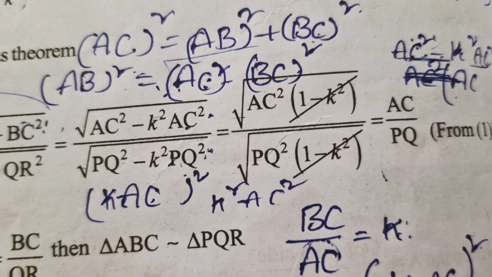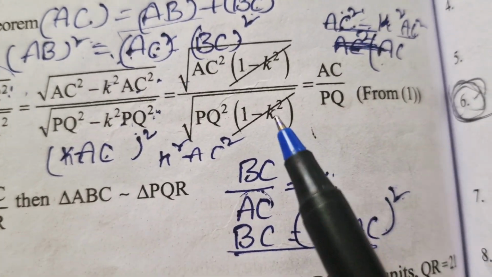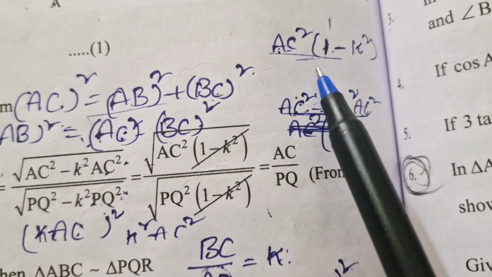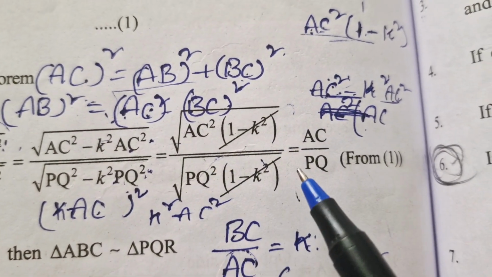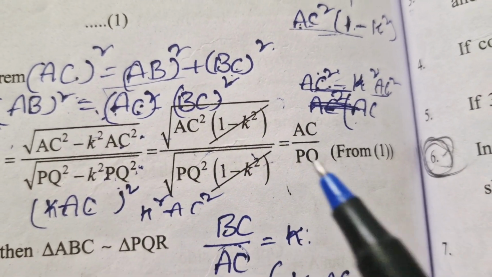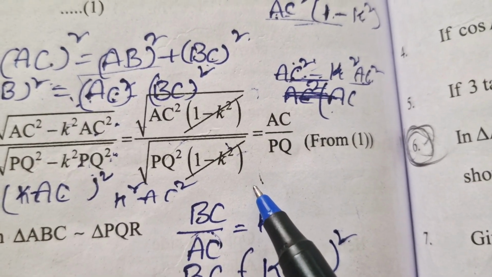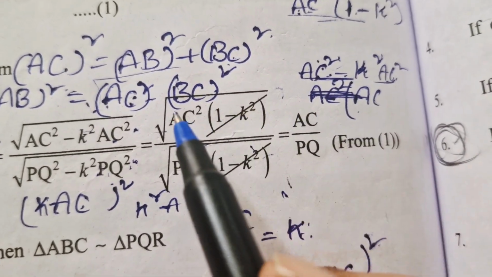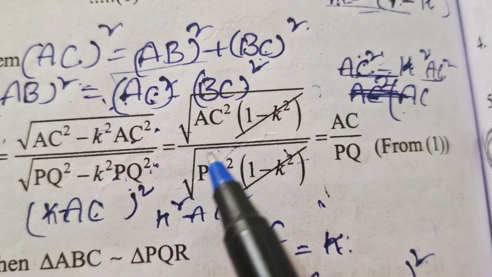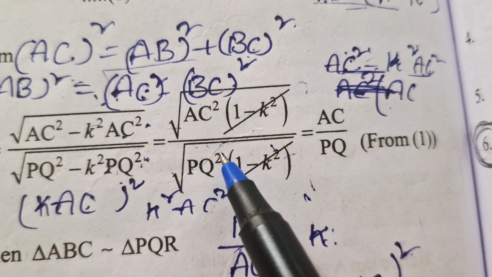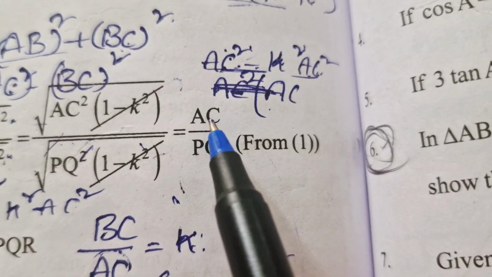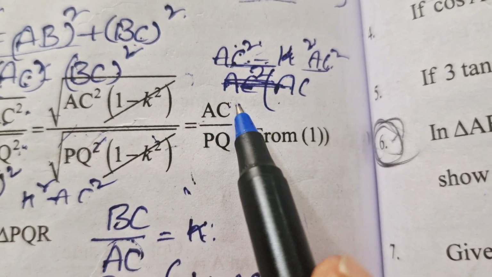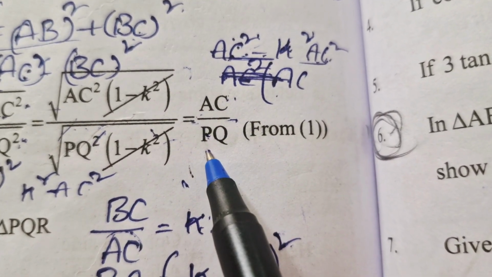So let us move on to the problem. Like I have told you, this is also the same. So here 1 minus K square and 1 minus K square get cancelled. Remaining, we have root over AC square by root over PQ square. So square and root get cancelled. We have AC by PQ.